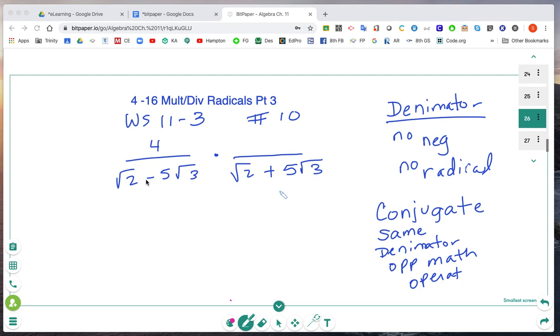You'll notice that I had subtraction here, and now I have addition. The brother-sister rule says that whatever I do to the denominator, I do to the numerator. So now I'm going to multiply. And when I multiply with radicals, I box.